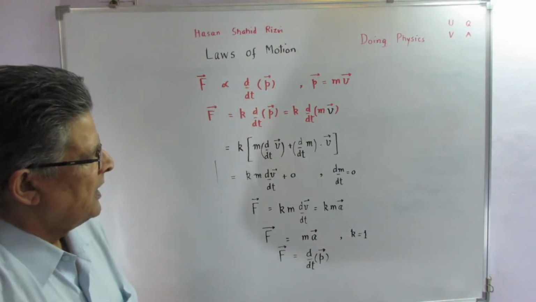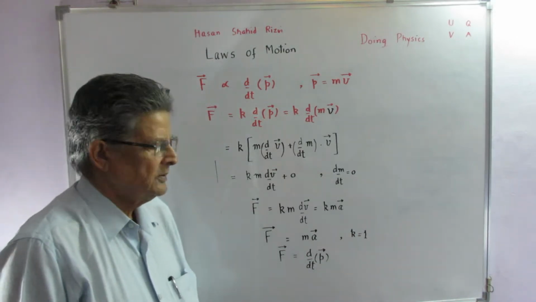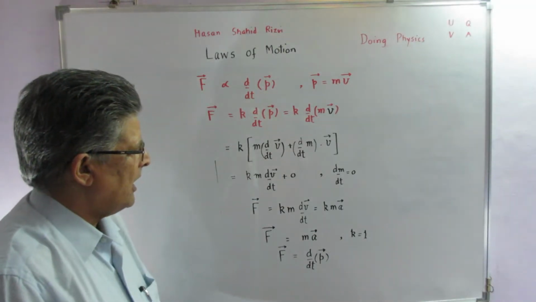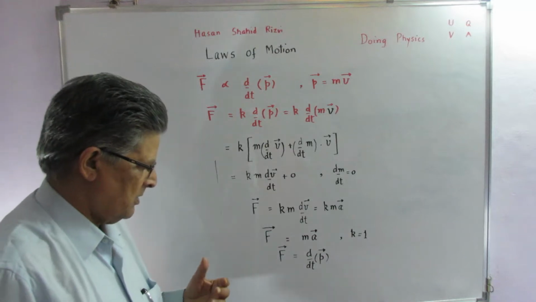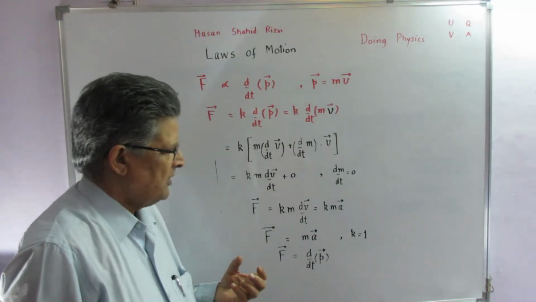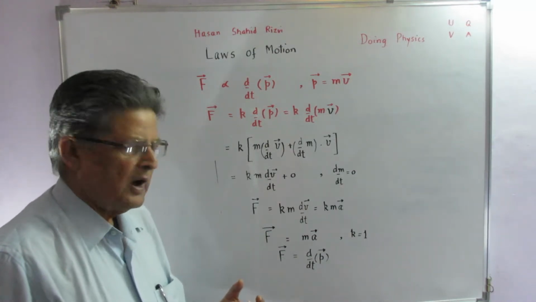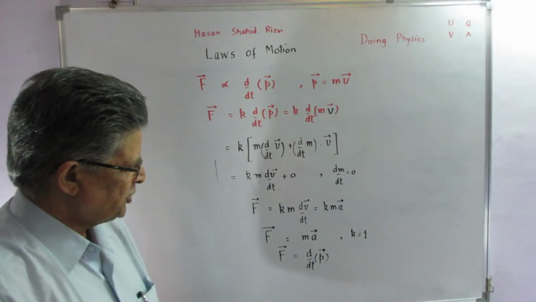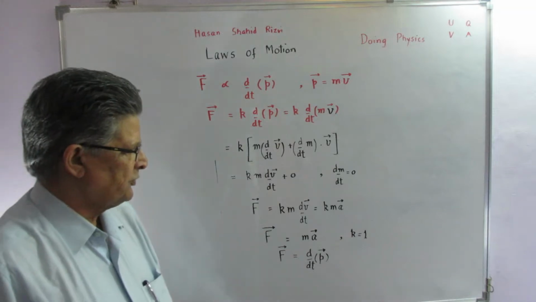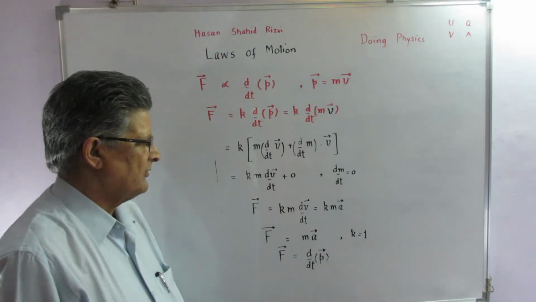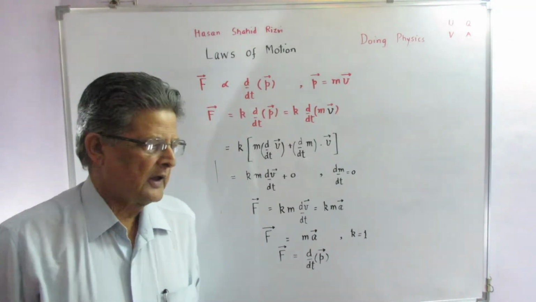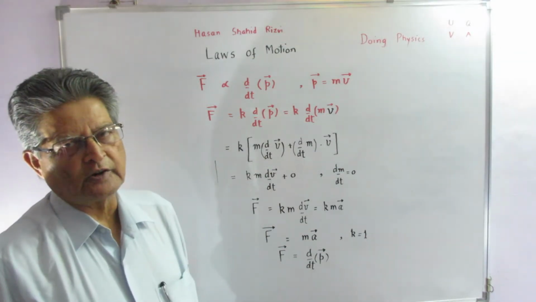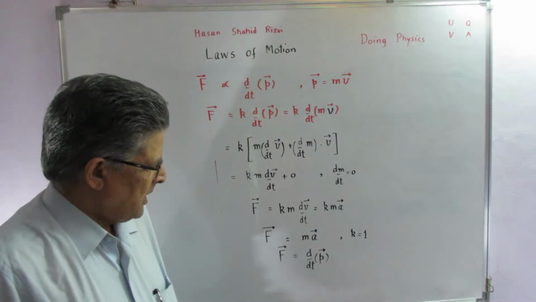And I said that if there is no force acting on the body under consideration, whether the body is at rest or in continuous uniform motion, in both cases, if the force is missing, then we have a manifestation of the first law. I said that the first law is hidden inside the discussions of the second law.